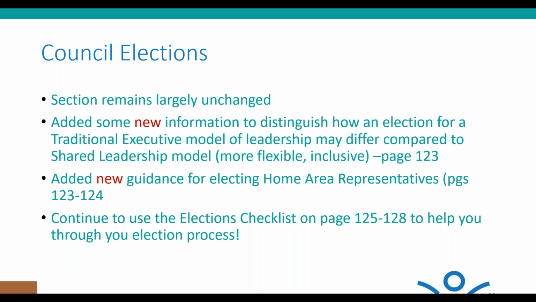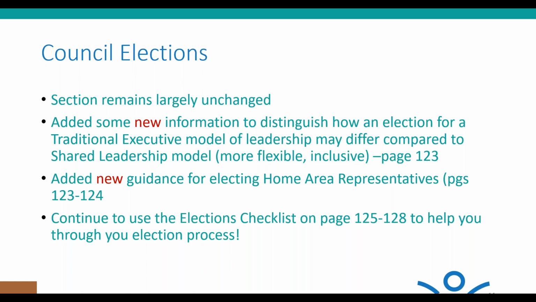If there is substantial interest in these positions, an election with a ballot system may be warranted. However, it is also acceptable for nominees to automatically be placed into the roles if there's only one or two residents interested in representing their respective areas. This process is known as an election by acclamation, which we just discussed with the shared leadership example.